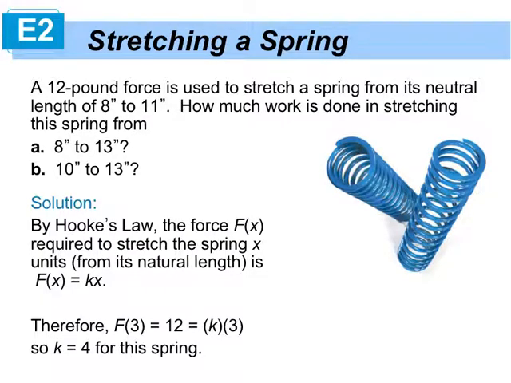And therefore, the spring constant for this spring is 4. Which means that our force now becomes 4x. So regardless of how far I stretch the spring, it's going to be kx, Hooke's law, and we solve for k to be 4.